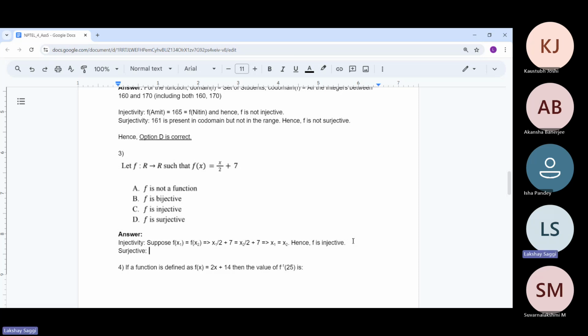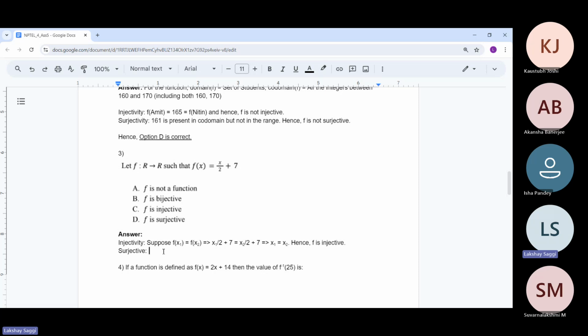Okay. So now we check whether f is surjective. And how do we check whether f is surjective? We need to say that every element of the codomain lies in the range, right? So every real number should lie in the range of this function. And how do we do this?